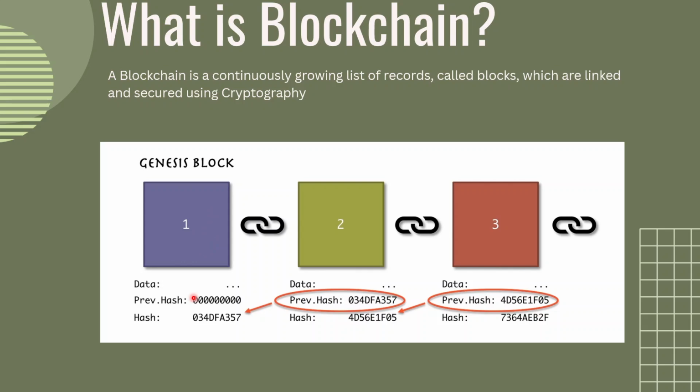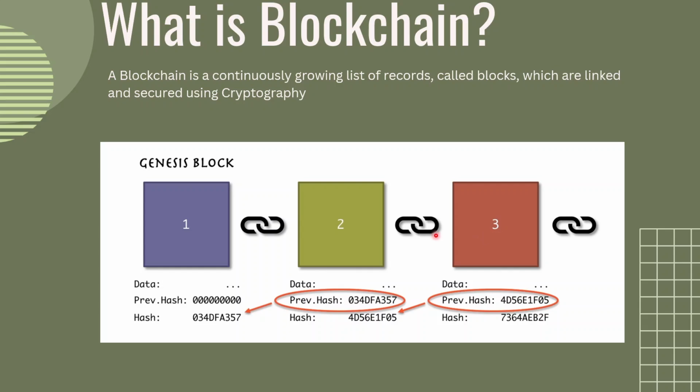The previous hash value of the genesis block is obviously 0 because there is no block before it, and it has its own hash. Then coming to block 2, the hash value of the genesis block is the previous hash value for block 2, and block 2 has its own hash. Again, the same is applicable for block number 3.